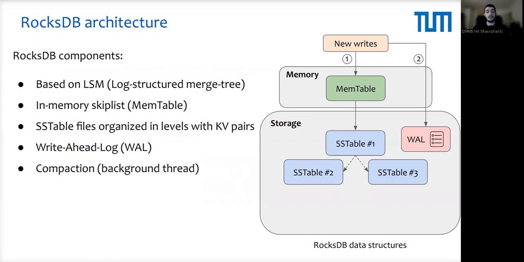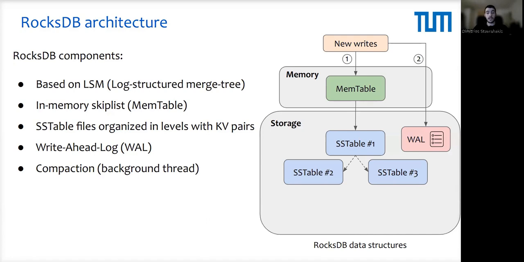They're organized in levels, and this is where RocksDB places the key value pairs persistently. The creation of an SS table depends on the memtable. To be more precise, once a memtable reaches a certain size, it will be flushed to the storage, and thus it will generate an SS table. It's worth noting here that SS tables are immutable for their whole lifetime.